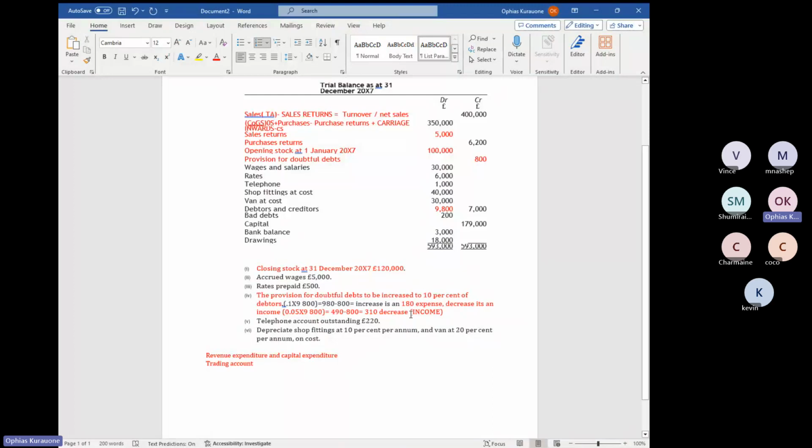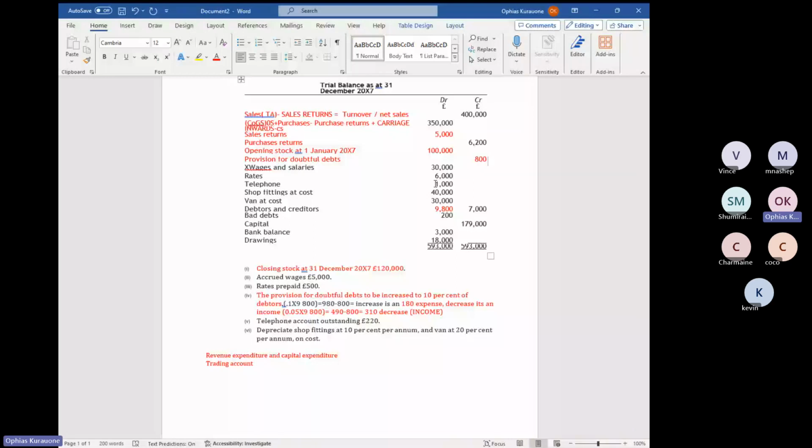Are we together on this one? It's a major pitfall. Many students don't know how to do this, so they pick this figure as it is, which is wrong. If you pick this figure as it is in an exam, you get a 0 mark. The examiner will give you a 0 mark for that. Are we together? These are big marks. Big marks are given on adjustments.